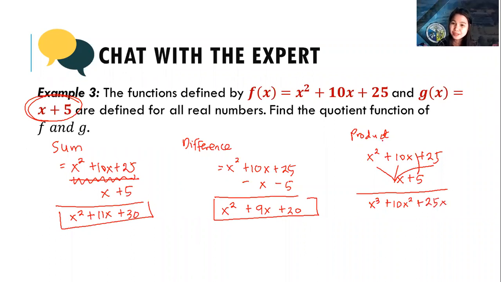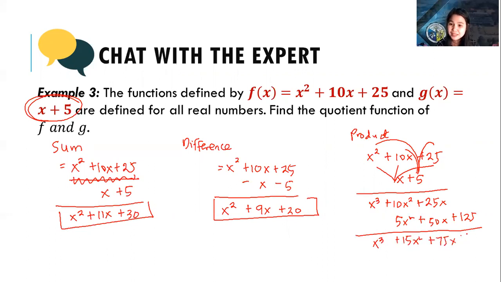Next, multiply all by 5. So, and let's align them immediately. 5x squared plus 50x plus 125. So you have x cubed plus 15x squared plus 75x plus 125. That's the answer.